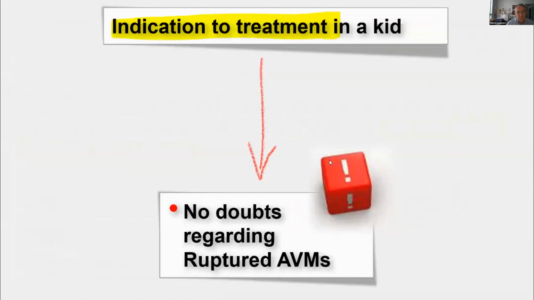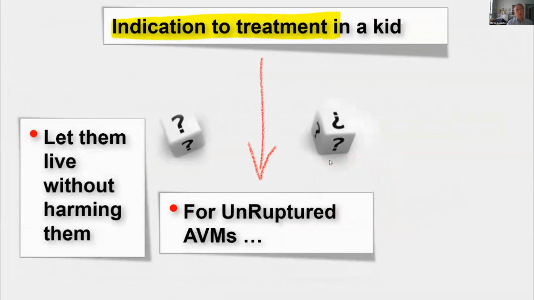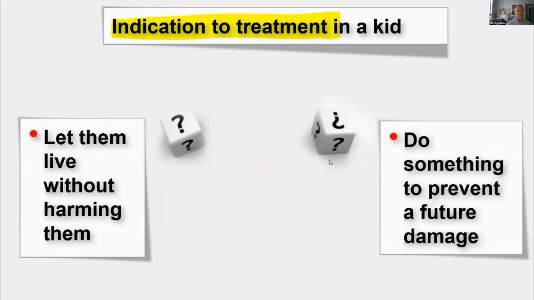Of course, no one has doubt concerning the ruptured AVM, but the main problem is what to do in an unruptured AVM in a child, and so you have two choices: let them live without harming them, do not touch them, wait for something happening, and maybe guess and hope that nothing will happen, or the other possibility is to do something to prevent a future damage.